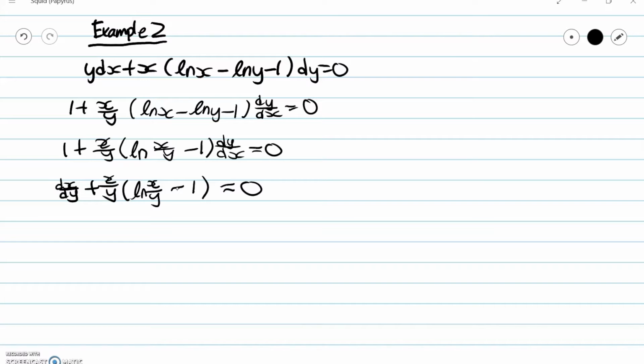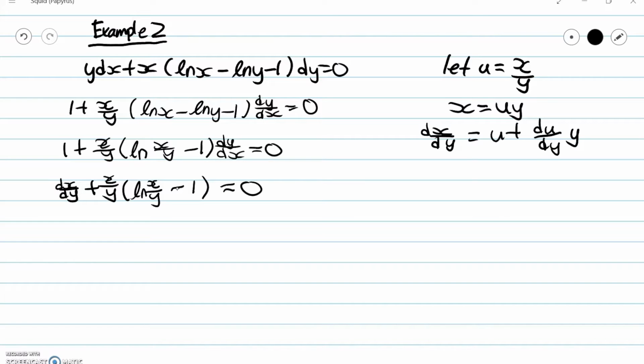Now by getting this form, we can replace it. So we let u equal x over y, which gives us x equals uy. Take that derivative. dx/dy equals u plus y du/dy. So we plug it in.